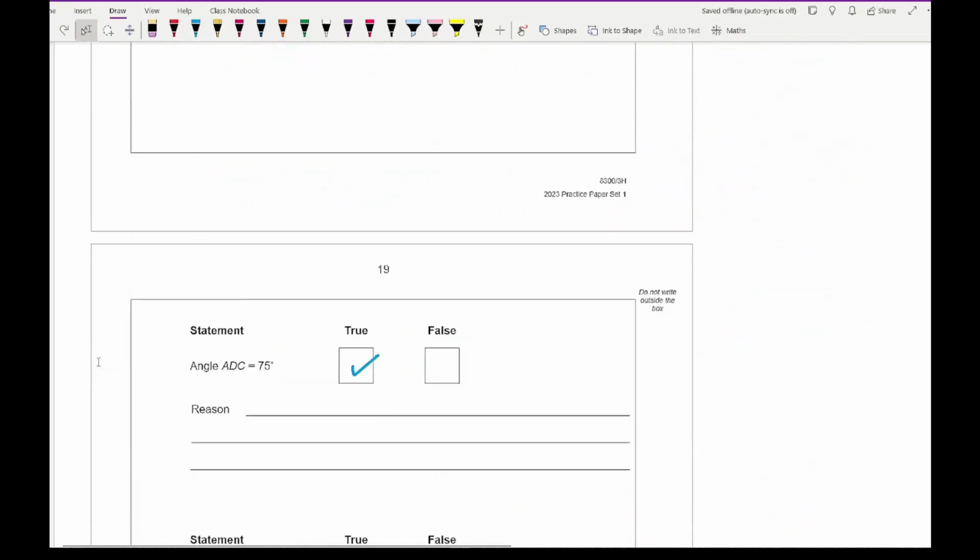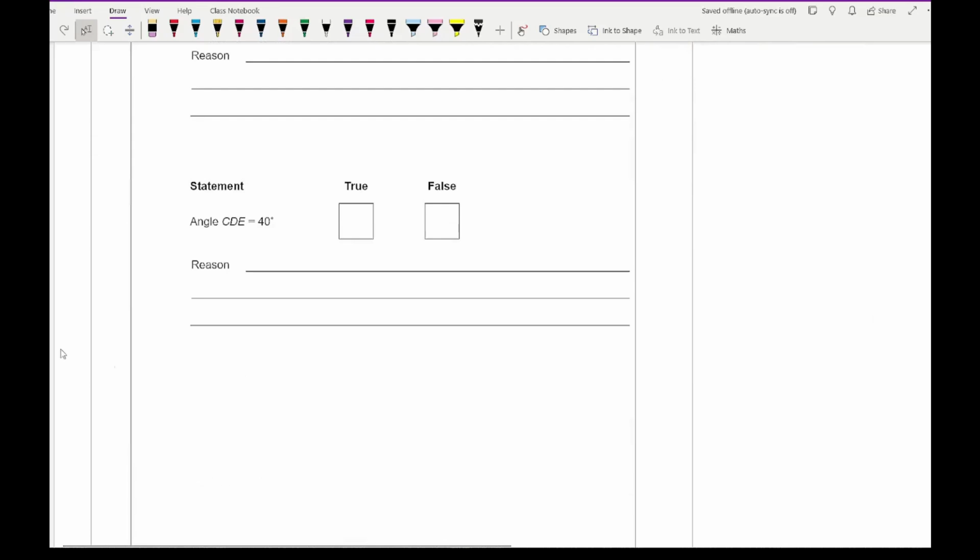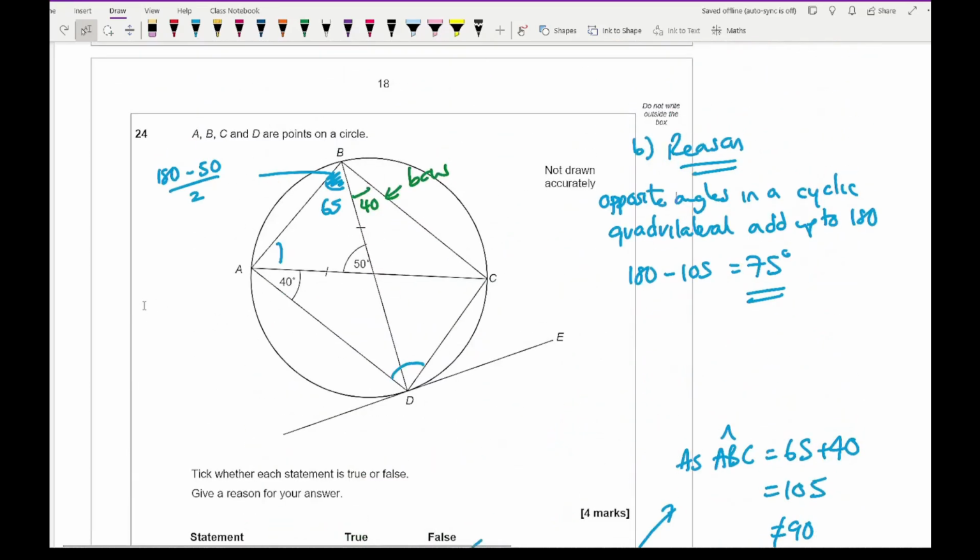So then moving on to C, it says CDE is 40 degrees. Let's just quickly write that down. So CDE is this angle here, and let me just label that as part C. Now, looking at the alternate segment theorem and looking at this triangle here, C is going to equal 40 degrees, and the reason for that is because of the alternate segment theorem.